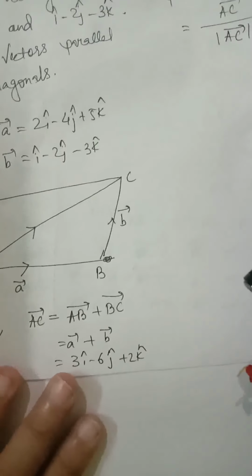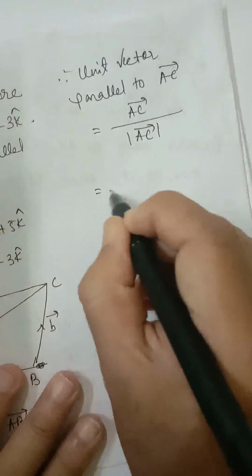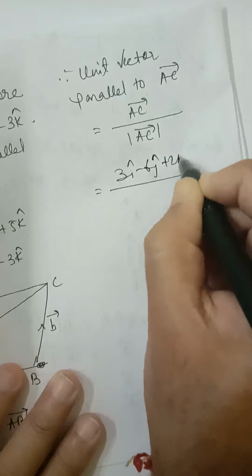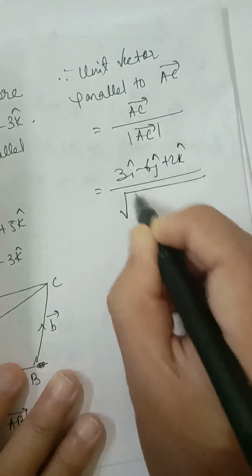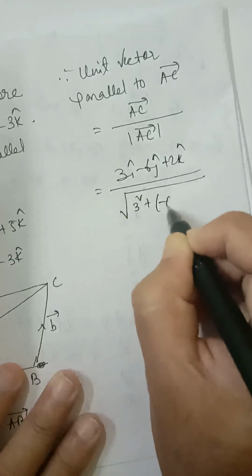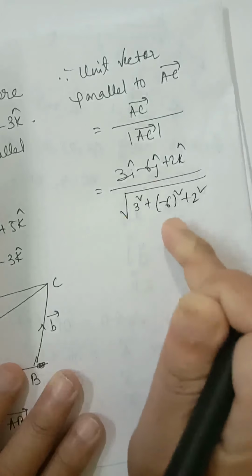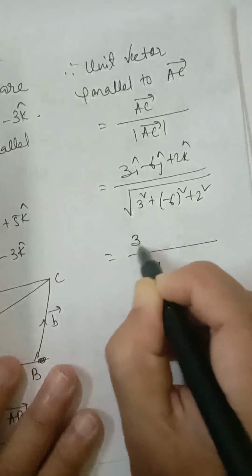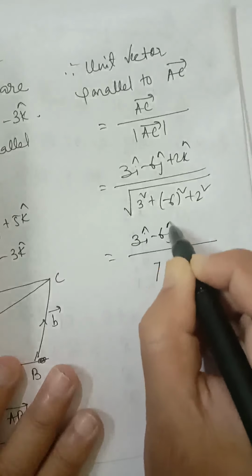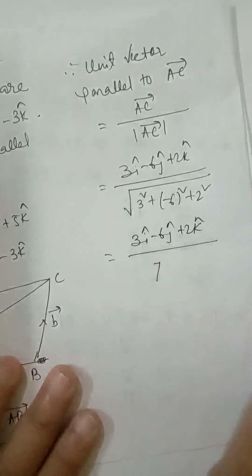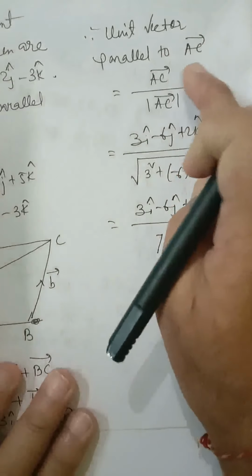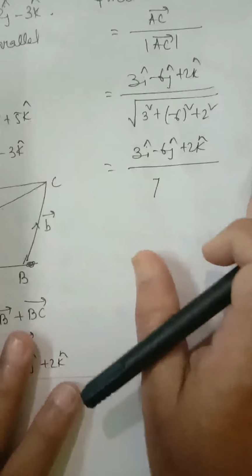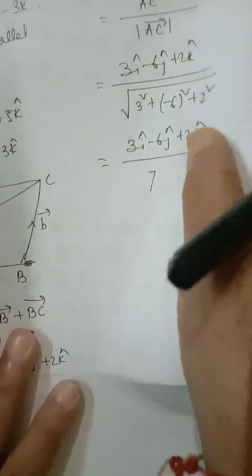So 3i minus 6j plus 2k by root over 3 square, 6 square, 2 square, 49, so this is 7. So this will be 3i minus 6j plus 2k by 7. This is unit vector parallel to diagonal AC. This is the first diagonal AC, and this is the unit vector parallel to diagonal AC.